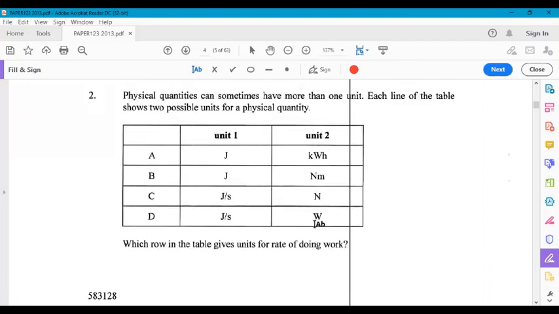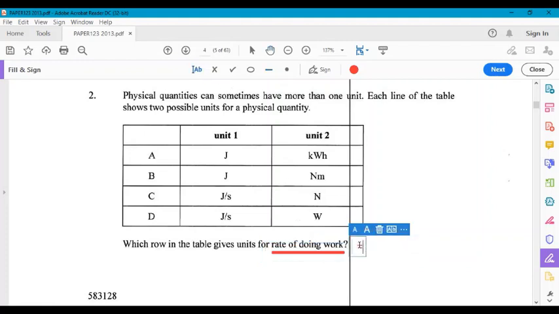Number 2, physical quantities can sometimes have more than one unit. Each line of the table shows 2 possible units for a physical quantity. Don't forget the rest of the question down here. Which row in the table gives units for rate of doing work? Rate of doing work, that is, what are we talking about?